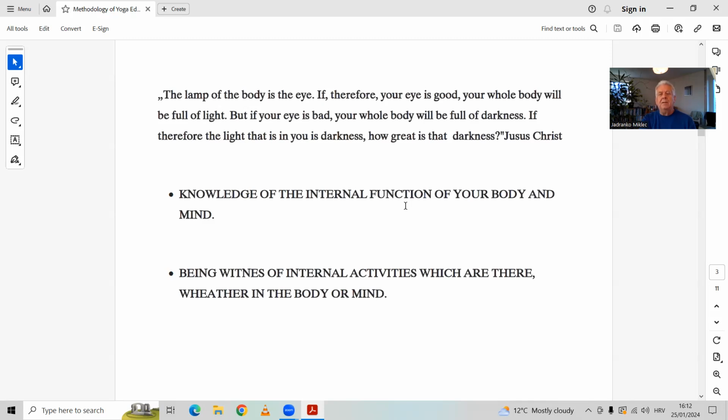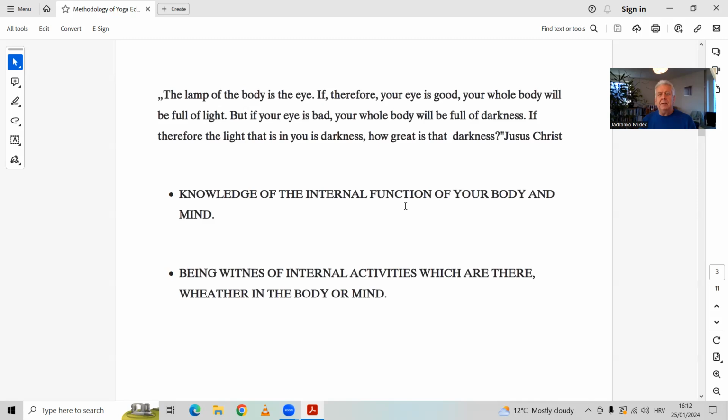And we gain that knowledge on the basis of being a silent witness to what is happening in that internal space, not in any way trying to interfere with the activity which we become conscious of.